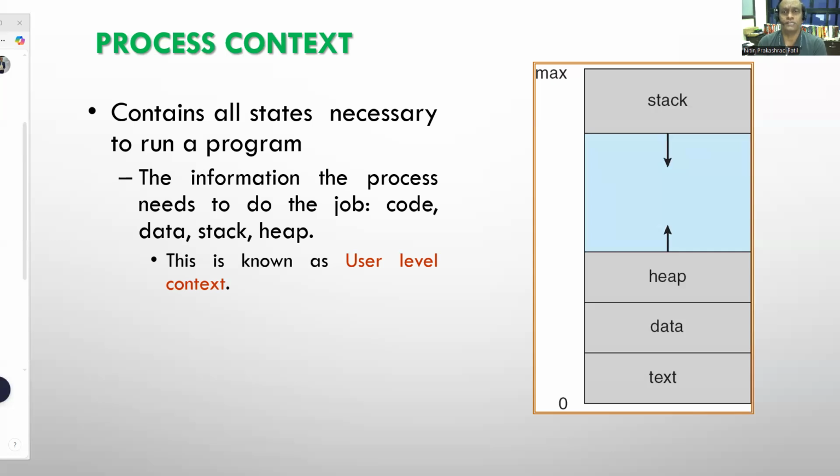There would be some special registers too, for example, a program counter, which is known as EIP or RIP, depending upon the architecture. Further, it will contain a stack pointer and base pointer like ESP, EBP, or RSP, RBP. So these are all our CPU registers.